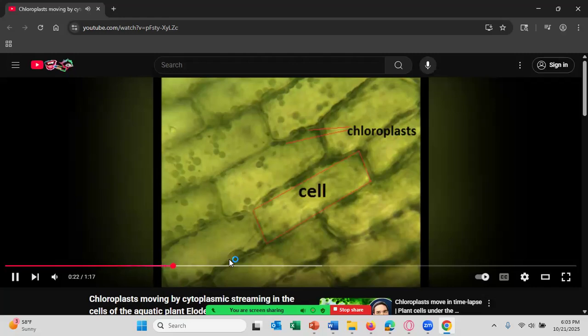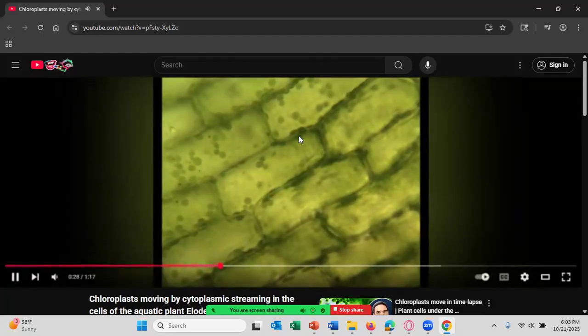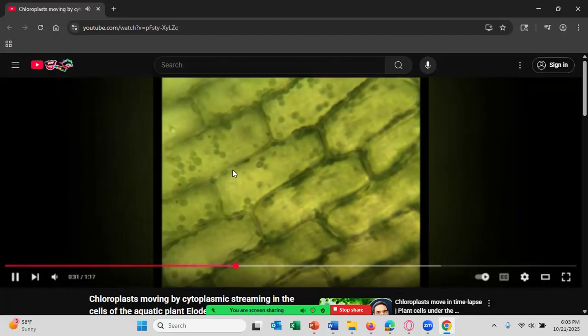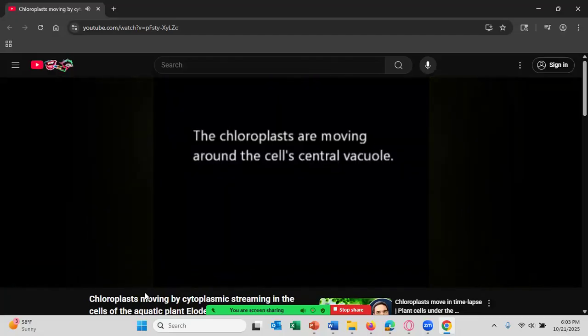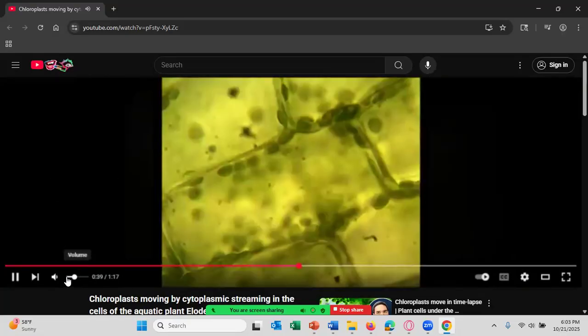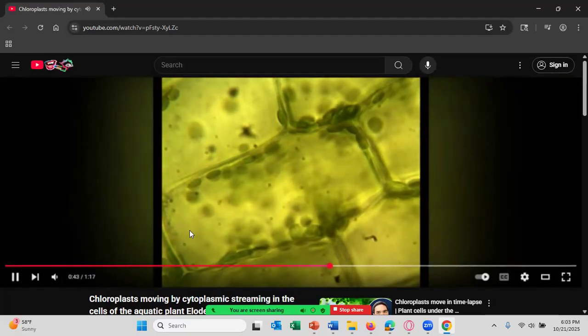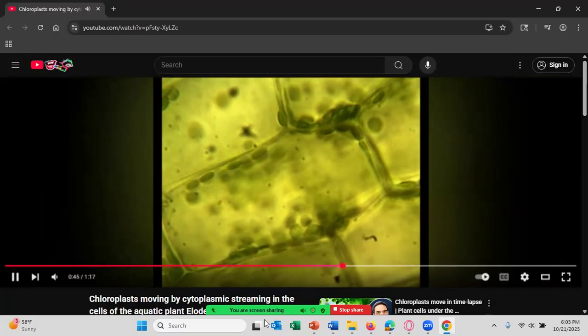In this case, it's the chloroplasts which are moving, but that's just because they're visible in the cell. You can see they're moving around the cell. Here they're moving this way. Any questions about cytoplasmic streaming?